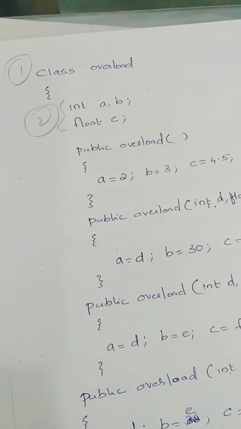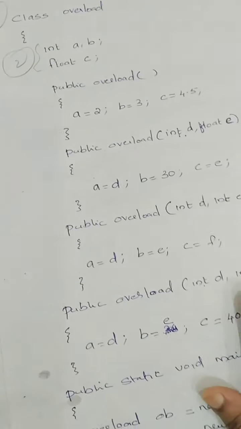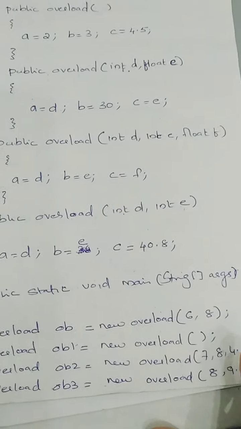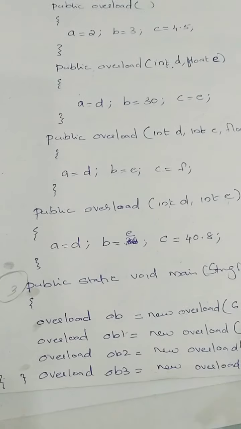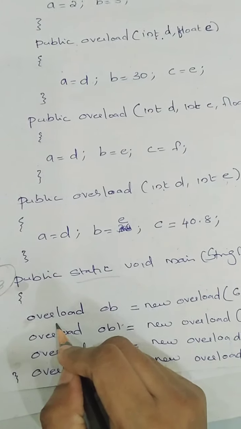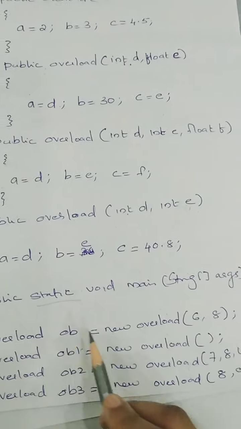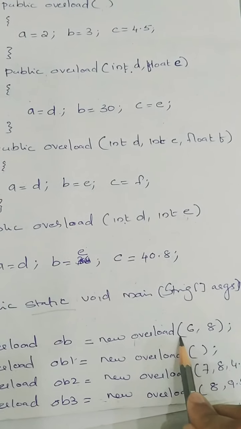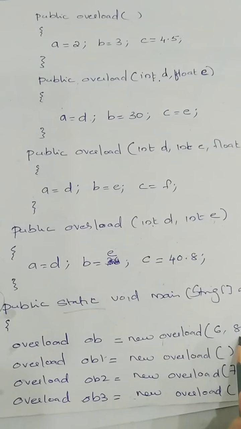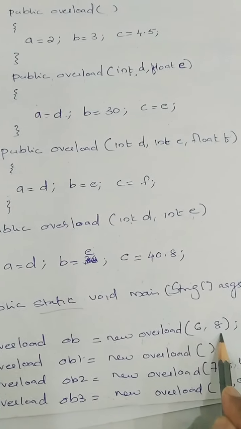it will declare these 3 variables, and now the control comes to the main method. Public static void main string args. Usually the compiler will start execution from a static method, and here Overload ob is equal to new Overload(6, 8). This is an object creation. When an object is created, it will automatically call the constructor.